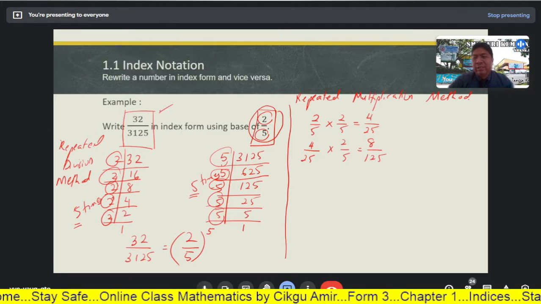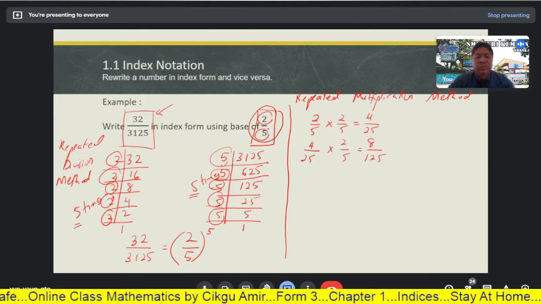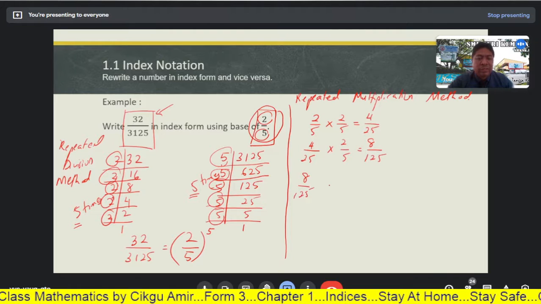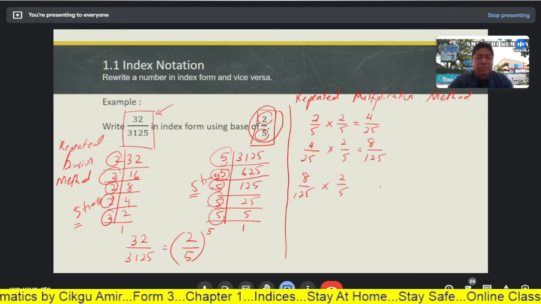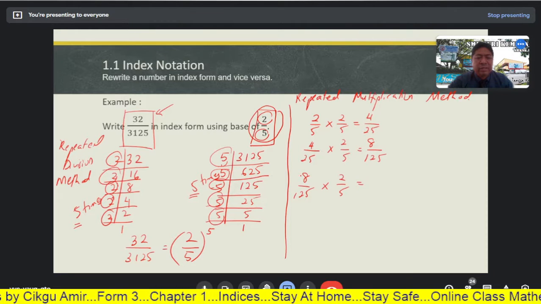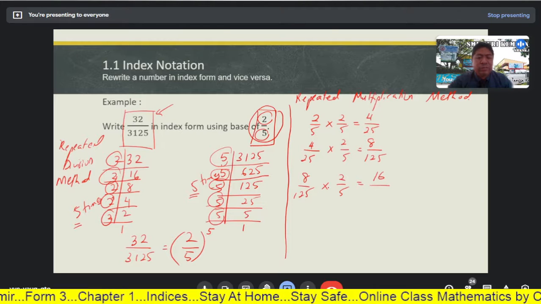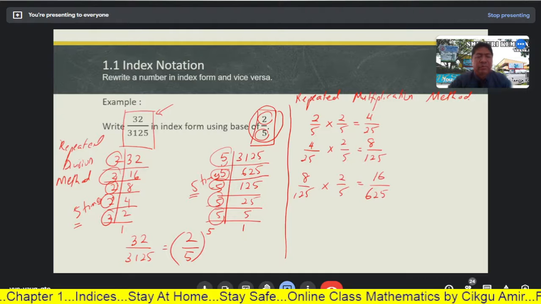Okay, so again, until it becomes 32 over 3125. 8 over 125 multiplied by 2 over 5: 8 times 2 is 16, 125 multiplied by 5 is 625.